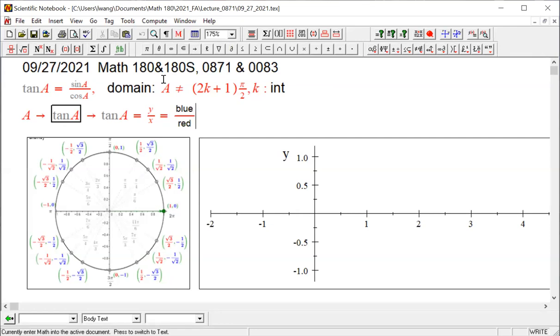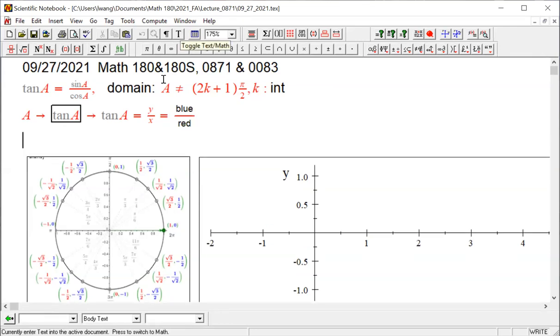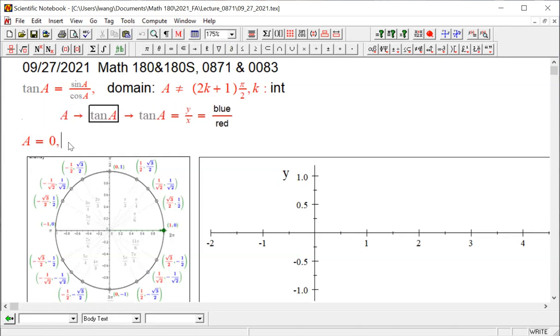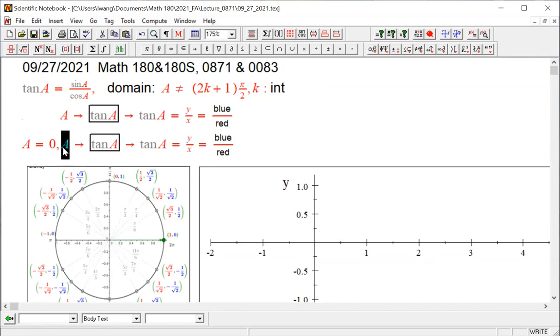Right? So in this particular case, when A is 0, what is that number that corresponds to A equals 0? A is 0, input is 0, so tangent 0.